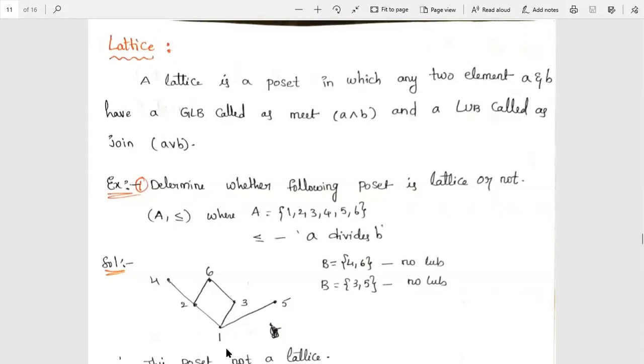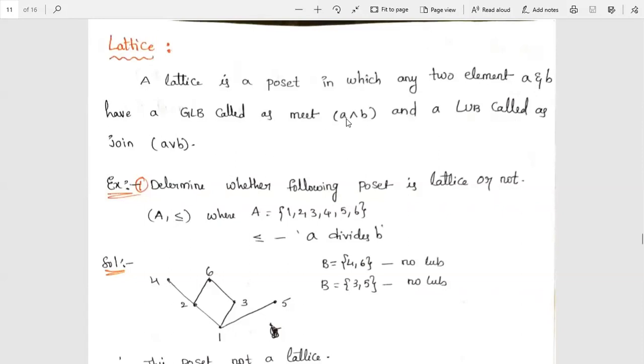So what is the definition? A lattice L is a poset in which any two elements A and B have a greatest lower bound, called the meet.